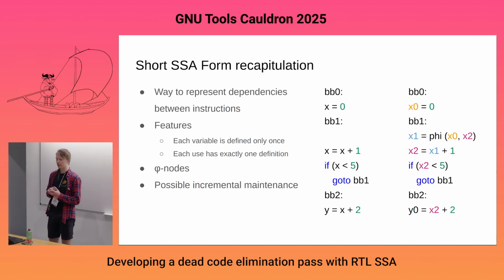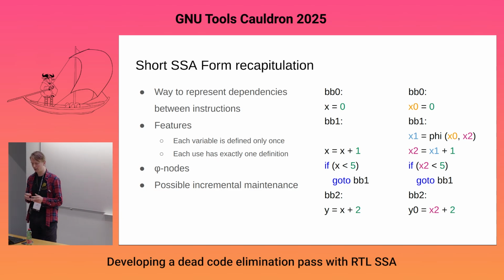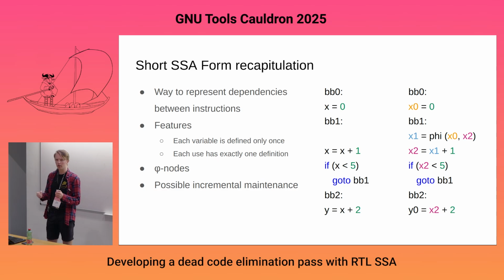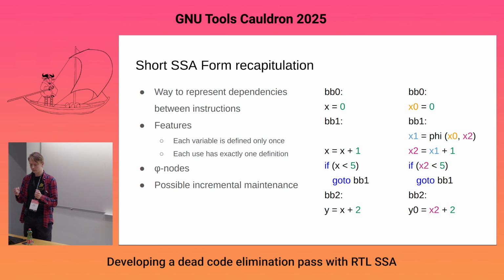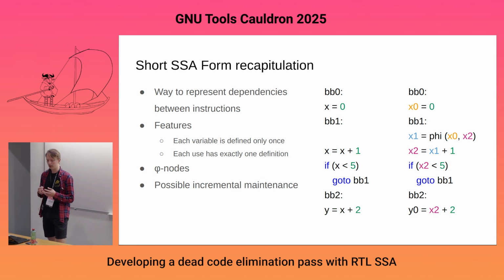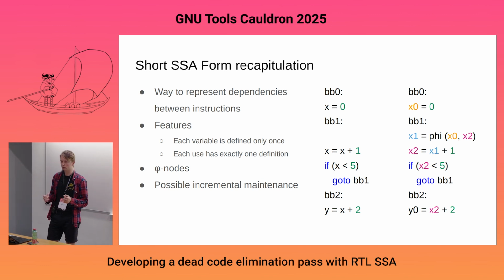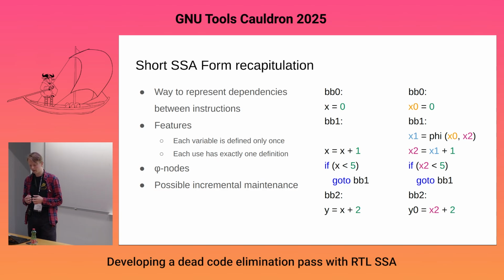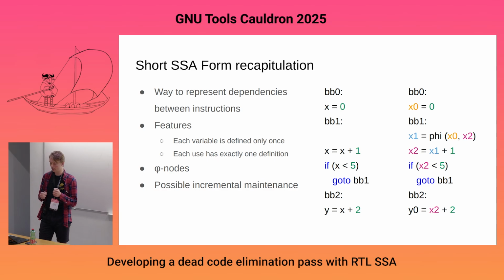So, the SSA form is a way to represent dependencies between instructions. However, not every program is in SSA form, and for the program to be in SSA form, it has to have some features. The first one is that each variable is defined only once, and each use has exactly one definition.